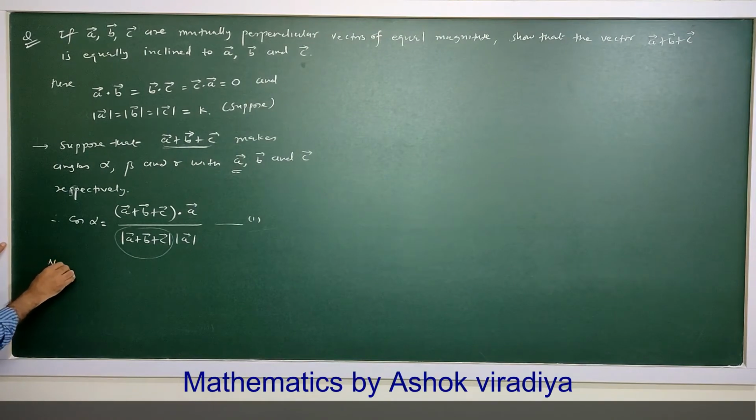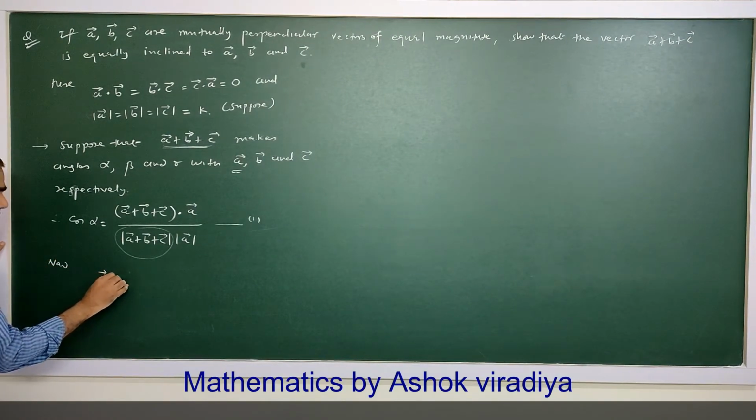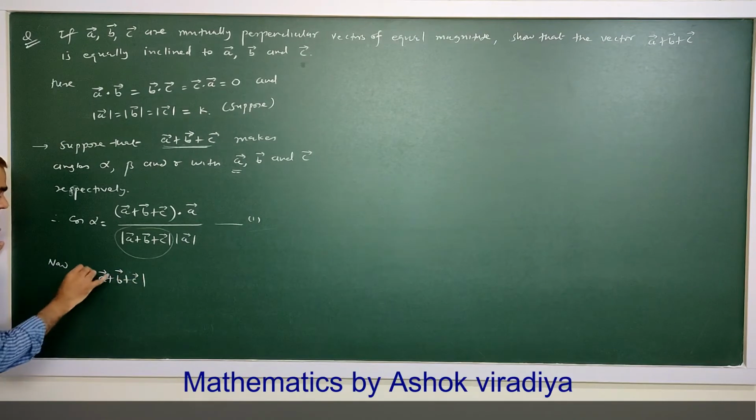Now to find the magnitude of A plus B plus C, let me find the square of its magnitude.